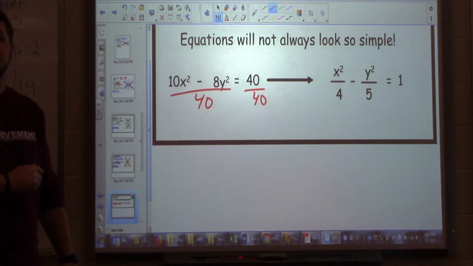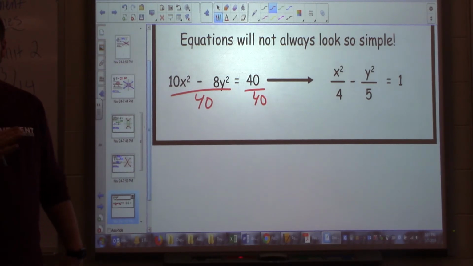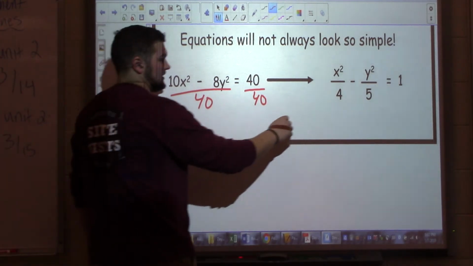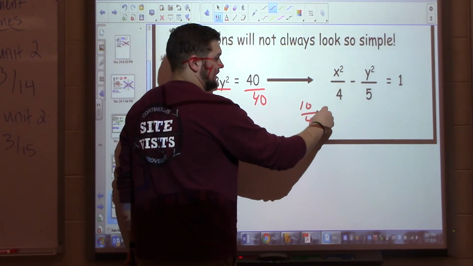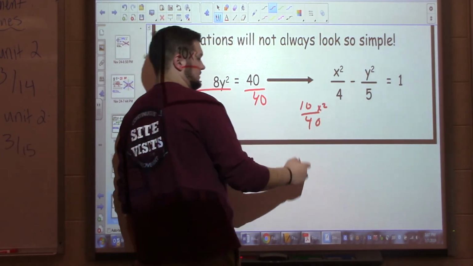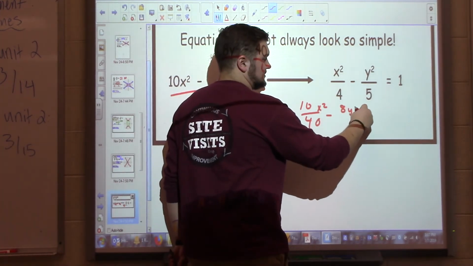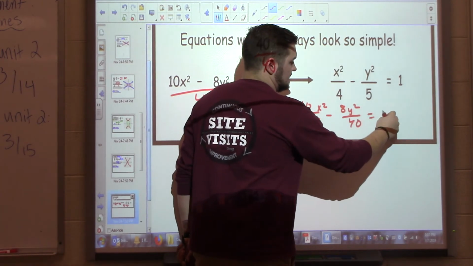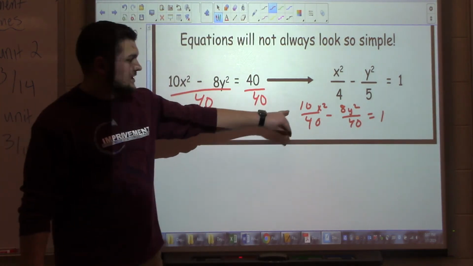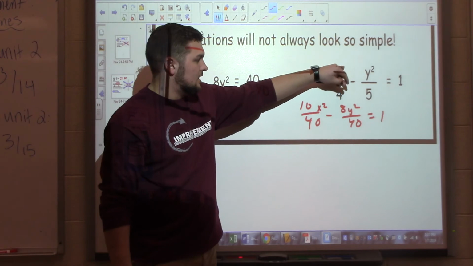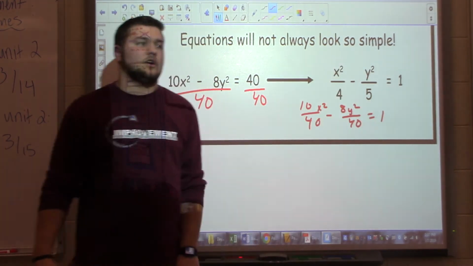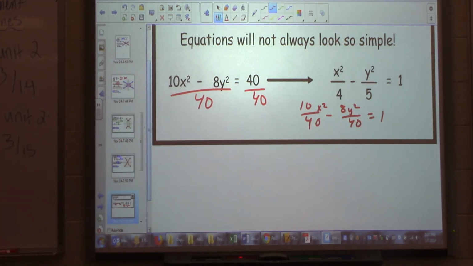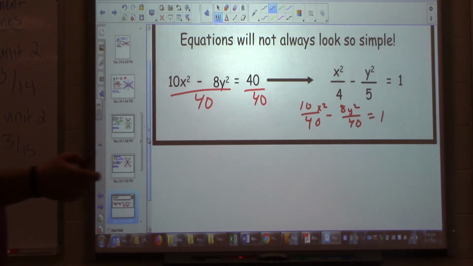This is that last problem on your paper you should all be writing down. x squared over 10 minus 8y squared over 40 equals 1. 10 over 40 becomes 1 over 4. 8 over 40 becomes 1 over 5. If it doesn't equal 1, you need to get it to equal 1. Alright? Any questions? No. Alright.